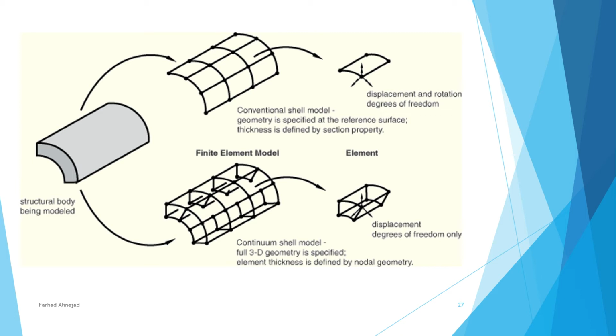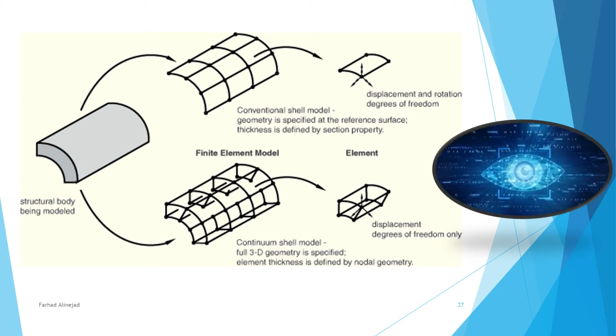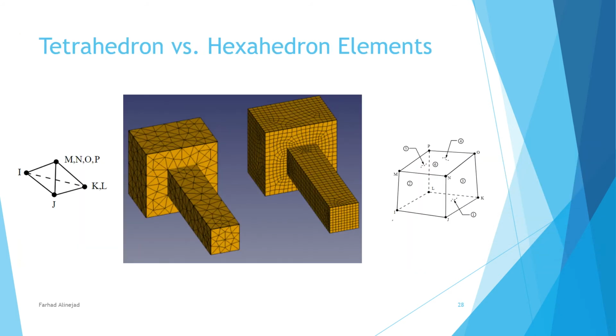For sure, you should consider the time of the calculations and also the accuracy of the results, and you should always consult your engineering vision for that. A good decision may lead to better results. For example, here we have the same geometry which is meshed with 2 different elements.